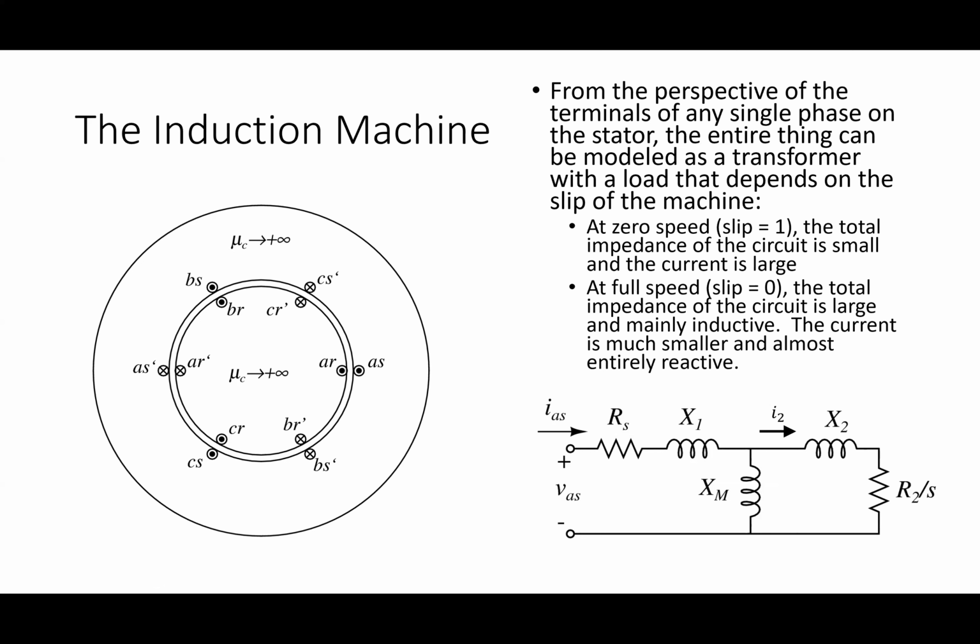A transformer, right? I'm basically inducing a current in a secondary side. So this was me moving the stuff on the secondary over. This X1 and X2, those are leakage inductances, all right? In a transformer, we had the magnetizing inductance, and then we had the two leakage inductances. So that's basically what this is.